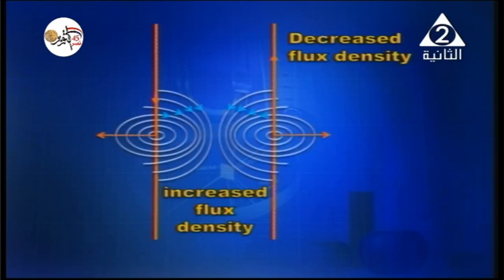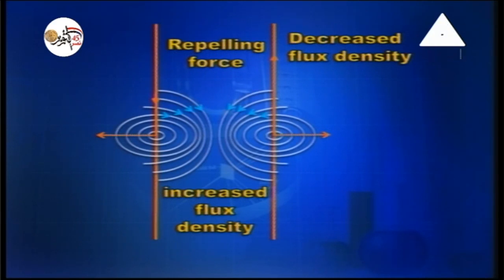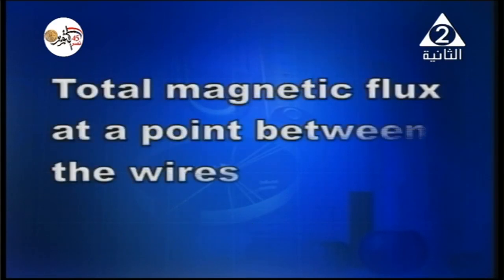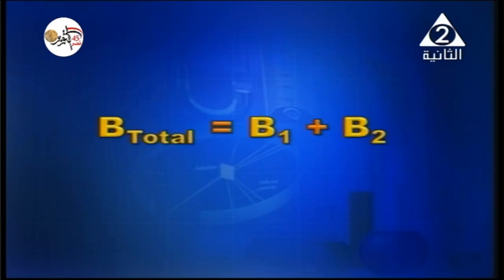So the total magnetic flux at a point between the two wires, B total equals B1 plus B2. They have the same direction, so we just add both of them.